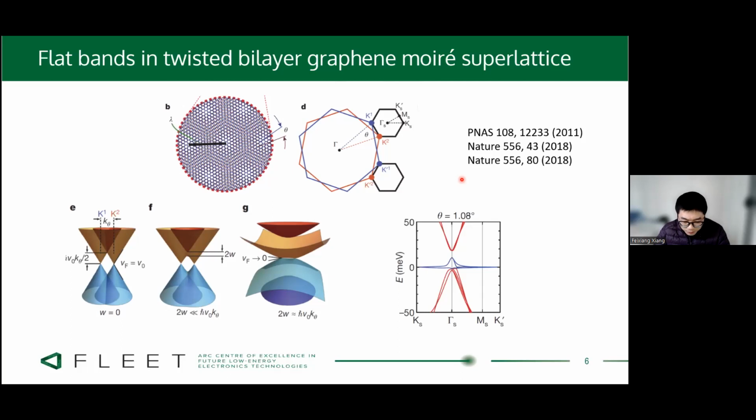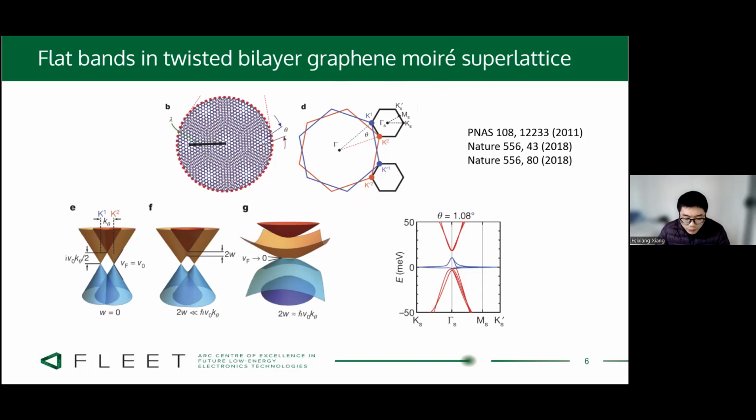A typical example of such a moiré superlattice is magic angle twisted bilayer graphene, where the two graphene flakes are stacked with a very small angle around 1.1 degree, or 1.08 degree more precisely.